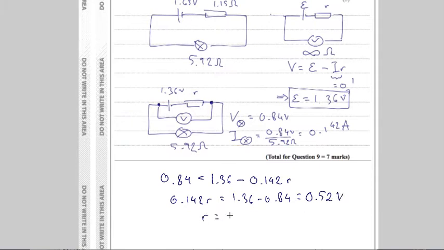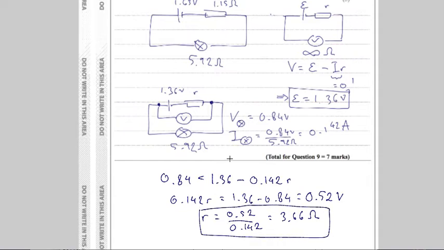So the internal resistance is 0.52 divided by 0.142, which is 3.66 ohms. So that's another 2 marks for working that out.